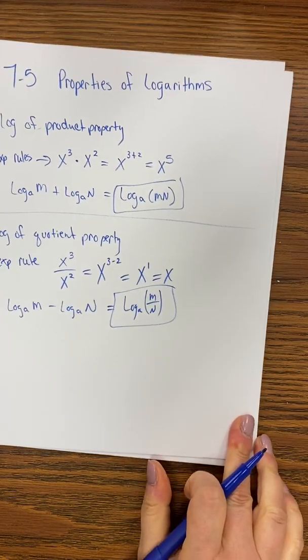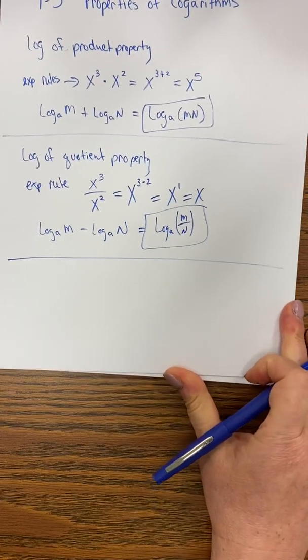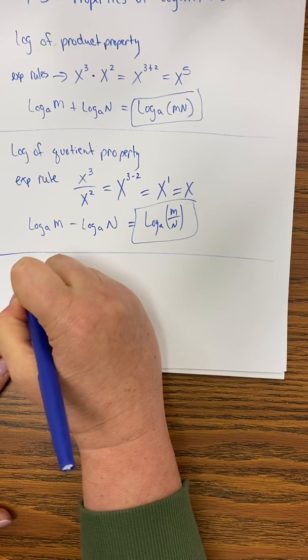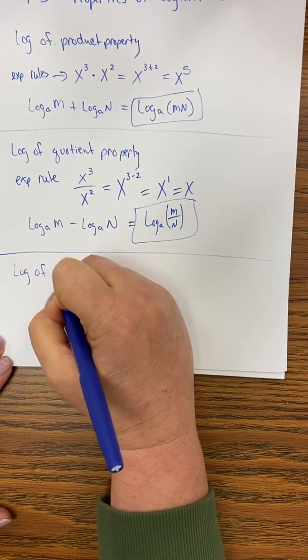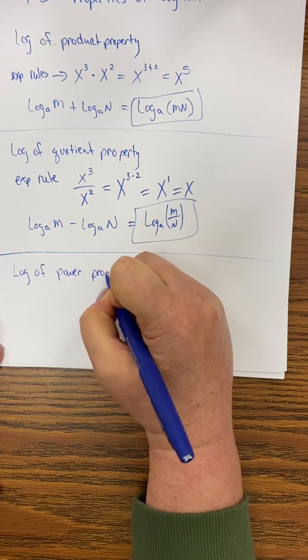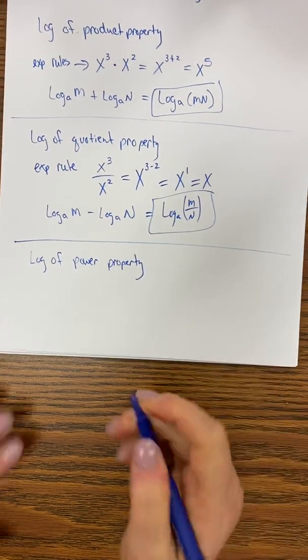Now, the last one is the power property, and you do have a power property in exponents, but this one isn't as helpful. They aren't as helpful with each other. So this one basically looks like this.